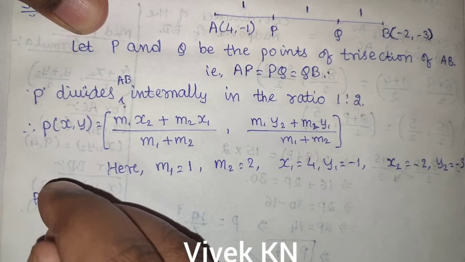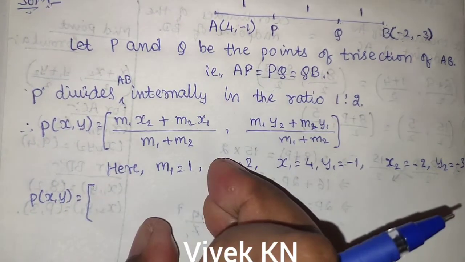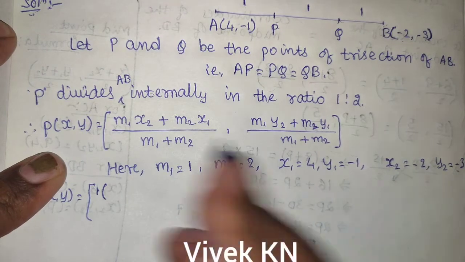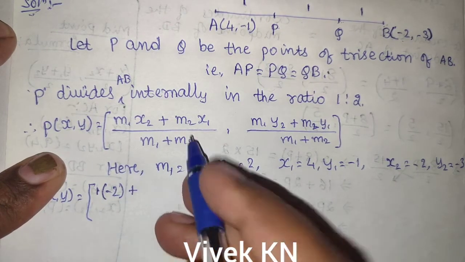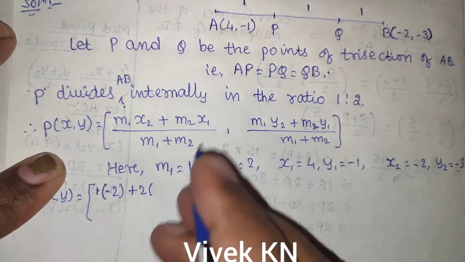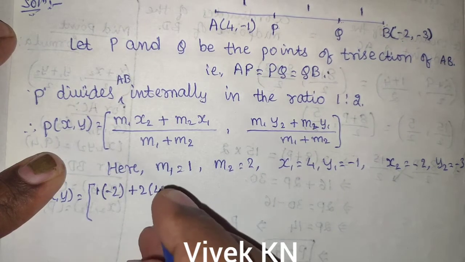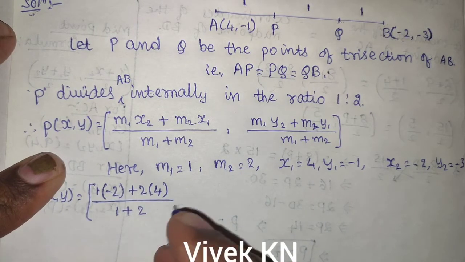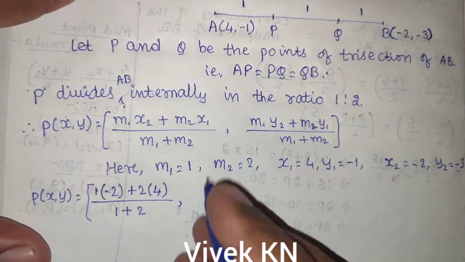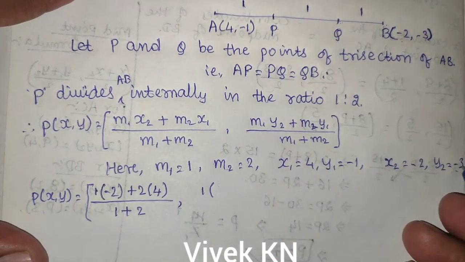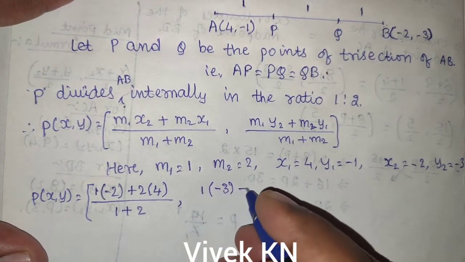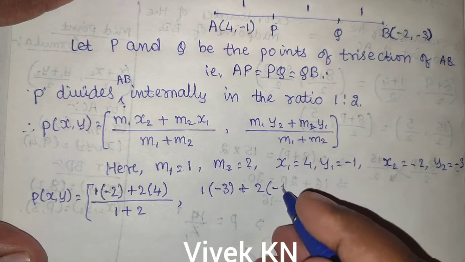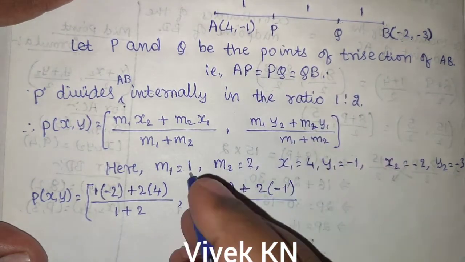So P of x comma y is equal to, the value of m1 is 1 into x2 value is minus 2 plus the value of m2 is 2, the value of x1 is 4, divided by m1 plus m2 is 1 plus 2, and the value of m1 is 1 and the value of y2 is minus 3 plus the value of m2 is 2 and the value of y1 is minus 1, divided by m1 plus m2 is 1 plus 2.